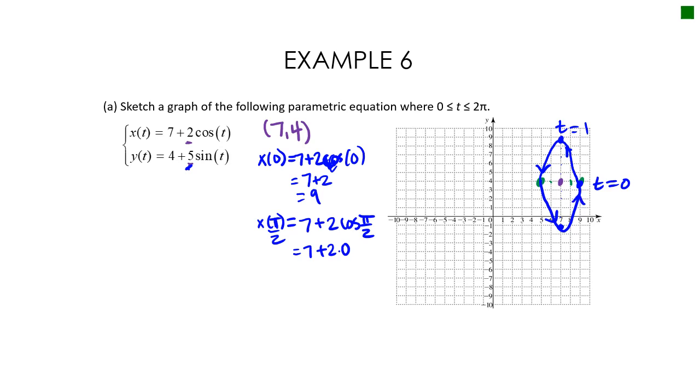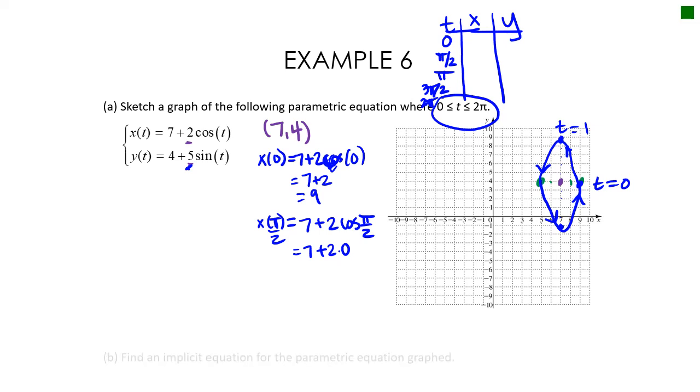So again, you can see how I used my idea of knowing that this is an ellipse and then plotted points. If you didn't want to do that, you could go through the long way, which is more than fine, and just do our t's between 0 and 2 pi. So do those values for t and then figure out what the x and the y values are.